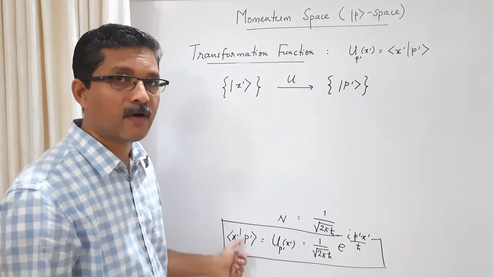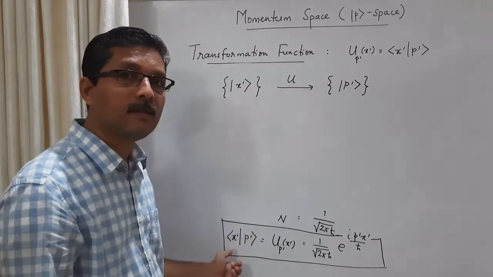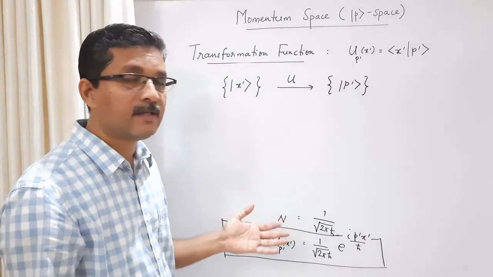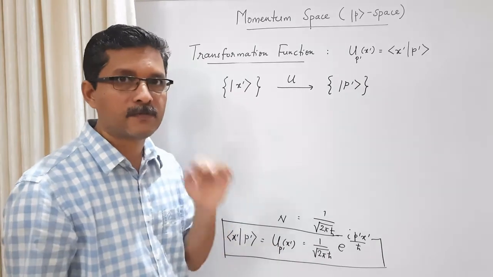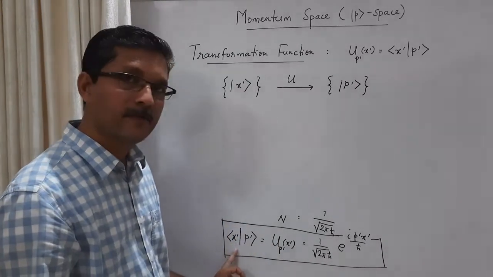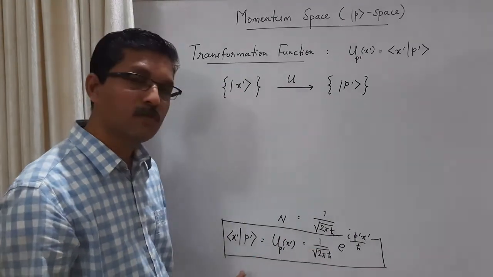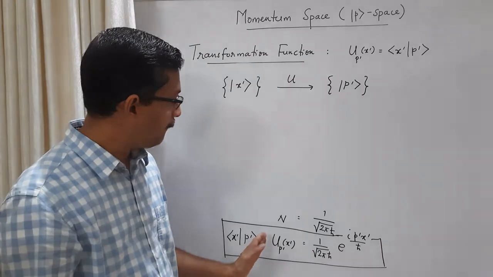We are taking the components of eigenkets in the position basis. Components of eigenkets are called eigenfunctions. In one of the previous classes we have specified that. So since these are components of eigenkets, we can call them eigenfunctions. So these are eigenfunctions of the momentum operator in the x basis, right?